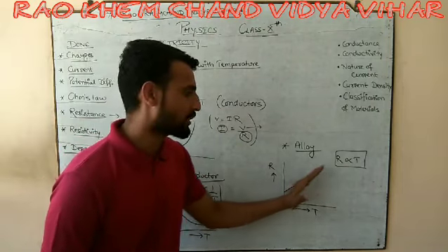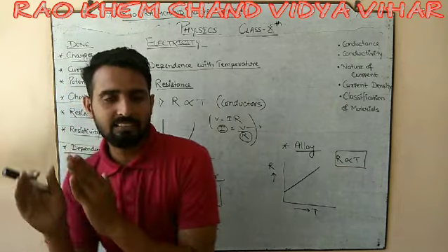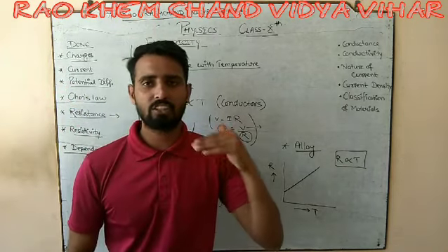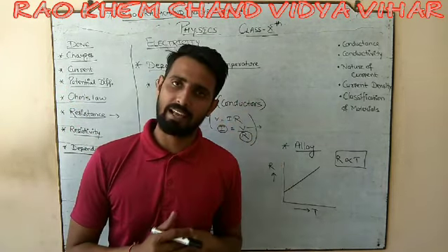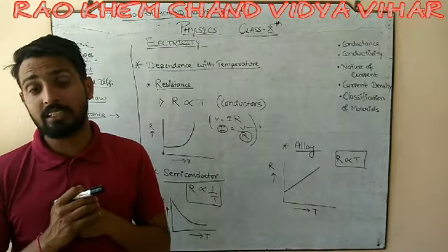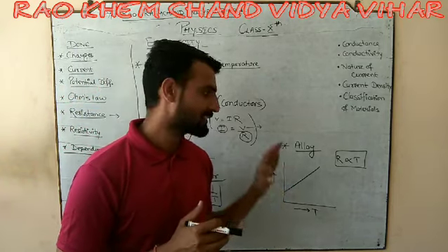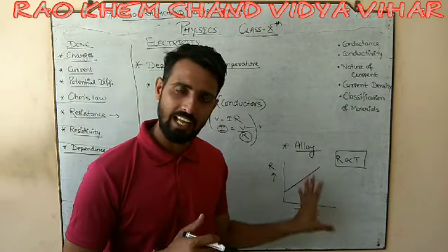But that variation is linear, meaning with the same amount of increase in temperature, the resistance will increase in the same manner. This helps us practically in studying things further. So that's why this is the important factor about the alloy.